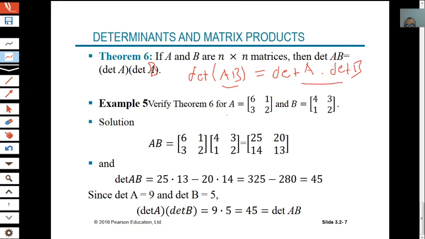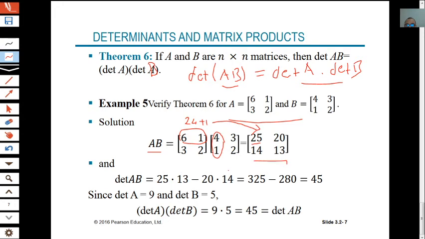Verify this theorem for the given 2 by 2 matrices here. First, we find the product of them. You can find it yourselves. For example, for the first entry, we use the first row of the first one and the first column of the second one. The multiplication of the numbers respectively becomes 24 plus 1, and we obtain the first entry, and so on.